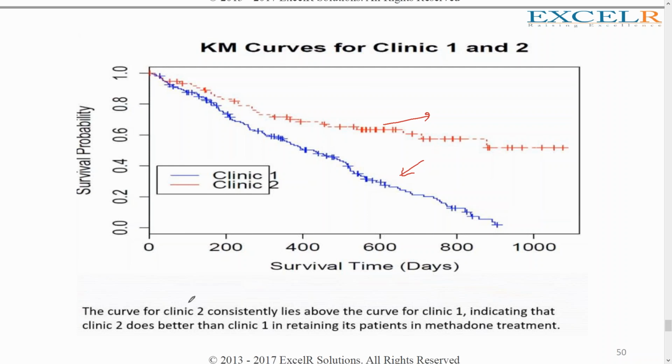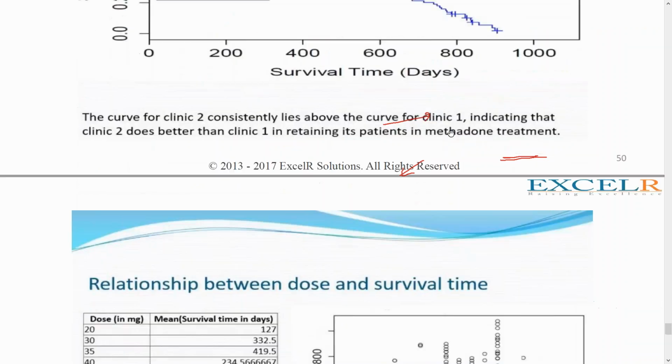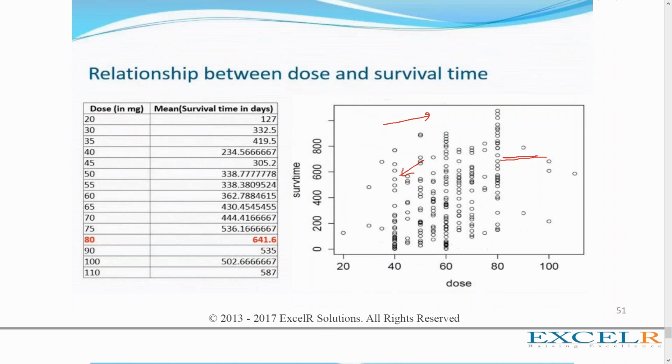And this is the exact impression that this curve gives us. After how many days? We are able to retain, even after 1,000 days, customers are still retained with the rehabilitation centers. This is how you look into the data.